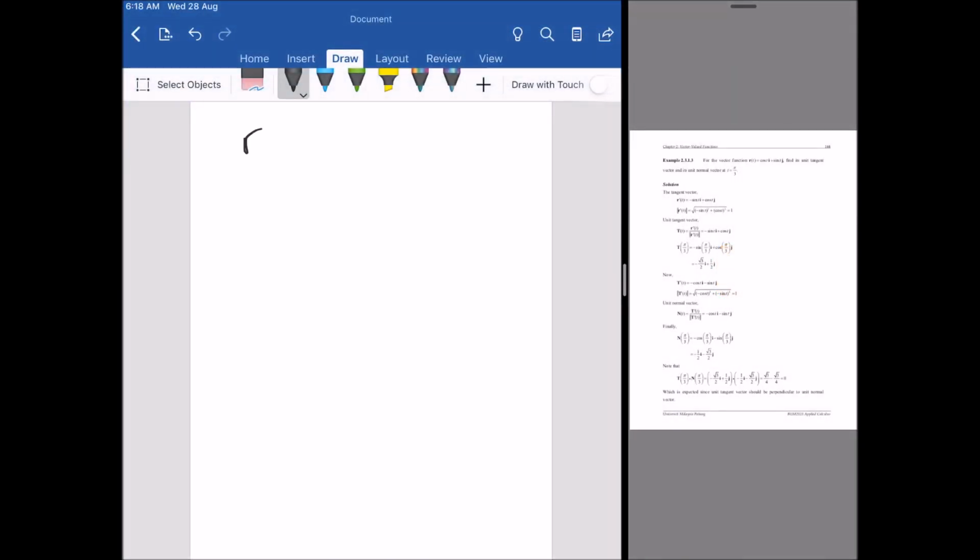I have r equals cos t i plus sin t j, so I can write this vector in brackets like this.